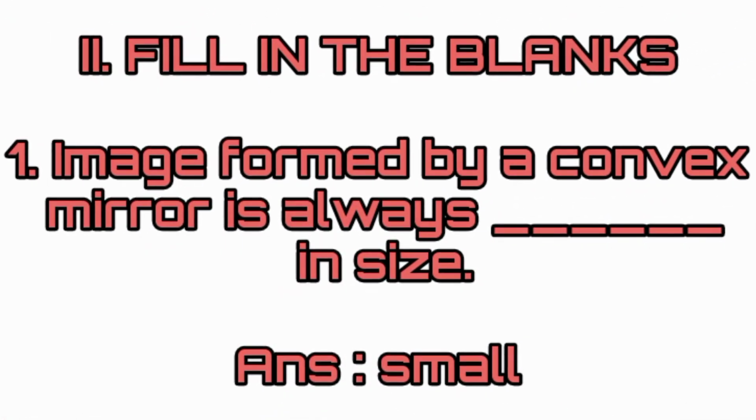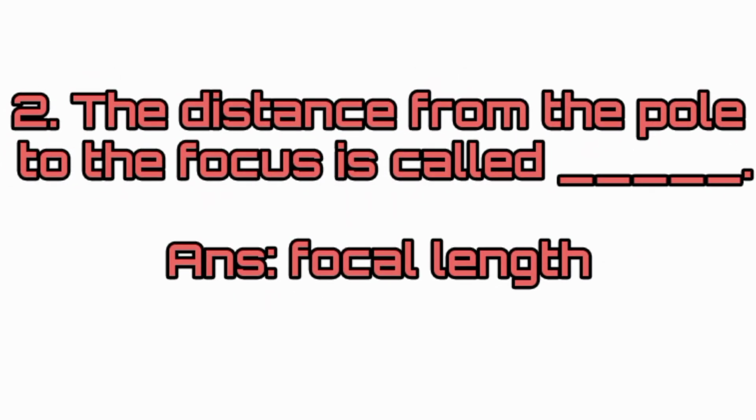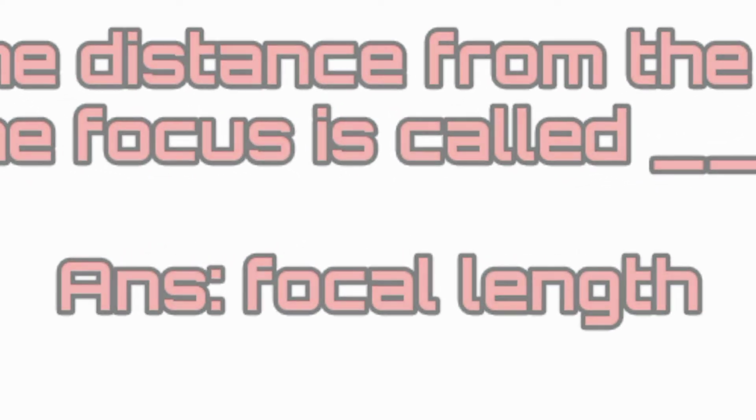Fill in the blanks. Question number 1. Image formed by a convex mirror is always dash in size. Answer small. Question number 2. The distance from the pole to the focus is called dash. Answer focal length.